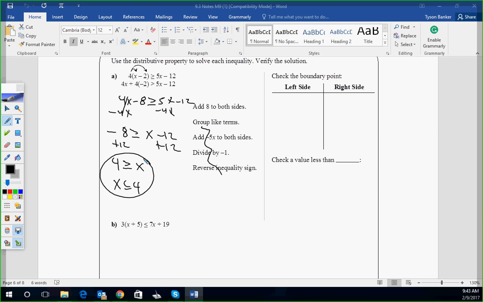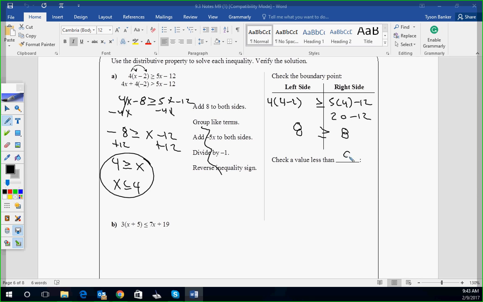For this example here, it'd be 4 times 4 minus 2 greater than or equal to 5 times 4 minus 12. 4 minus 2 is 2, times 4 is 8. 5 times 4 is 20, minus 12 is 8. 8 is greater than or equal to 8, so that is correct.